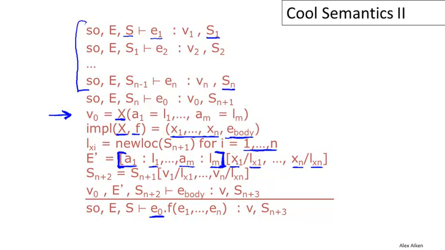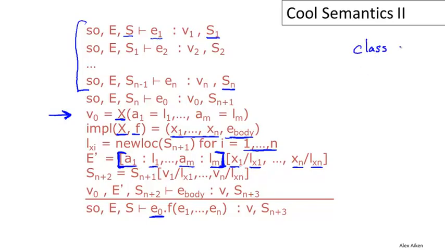Instead of just defining x1 to map to L sub x1, we're replacing the definition of x1 in this environment in the blue braces with one that maps x1 to L of x1. And why do we do it that way? Well, the thing is that a method may have a formal parameter that is the same as an attribute name.